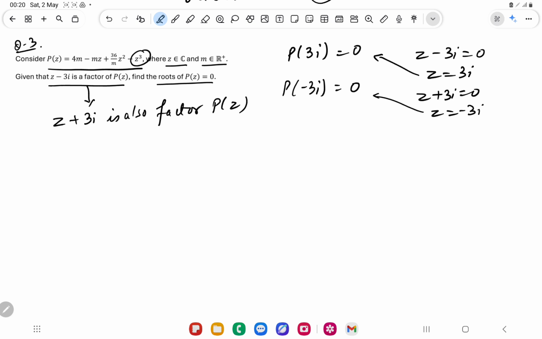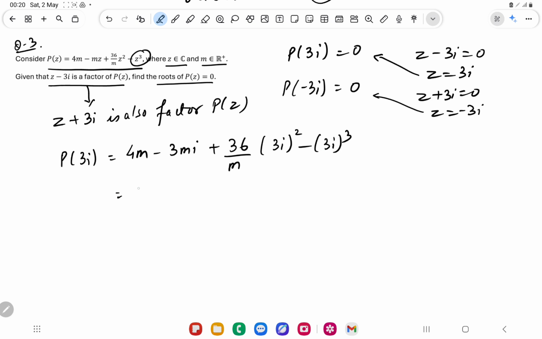Now if I put 3i into the given equation, it will be 4m minus 3mi plus 36 by m. My z is (3i) whole square minus (3i) whole cube, which will give me i square is minus 1. So this will be minus 36 by m into 9. i cube will be minus i.